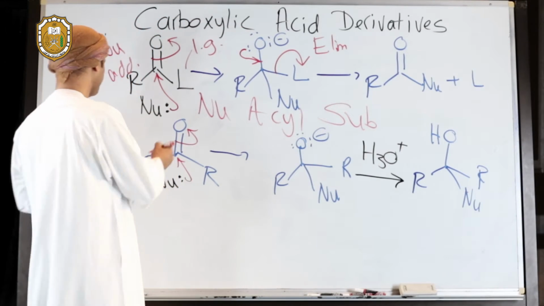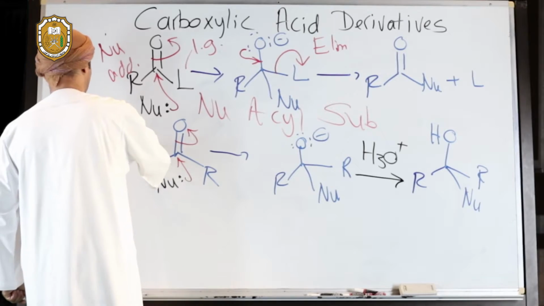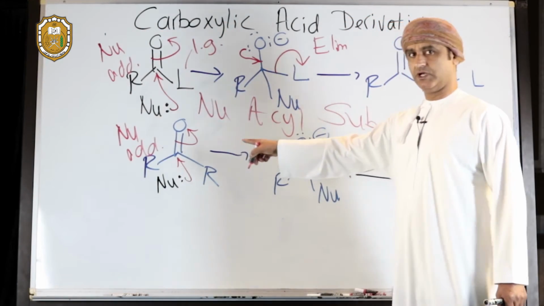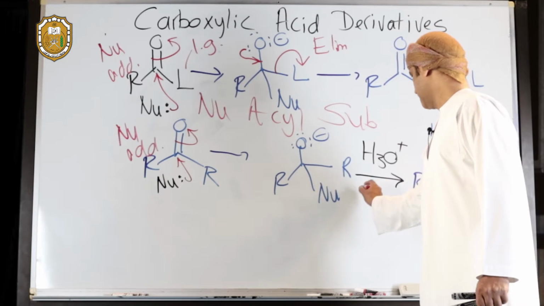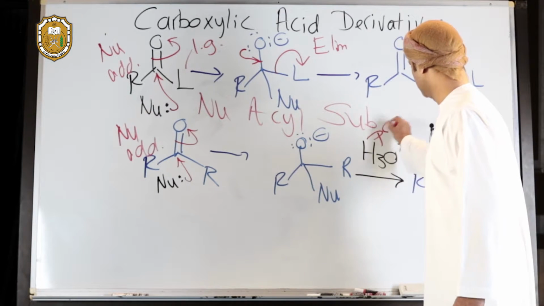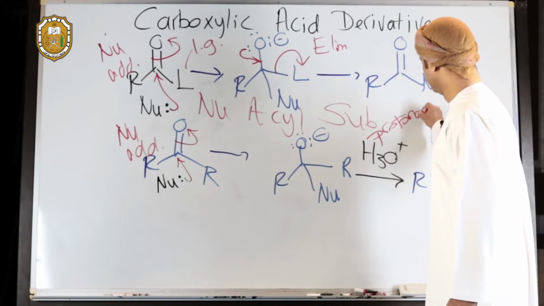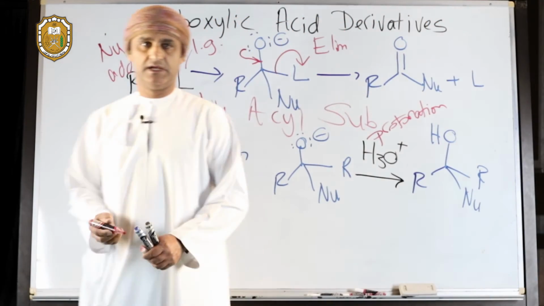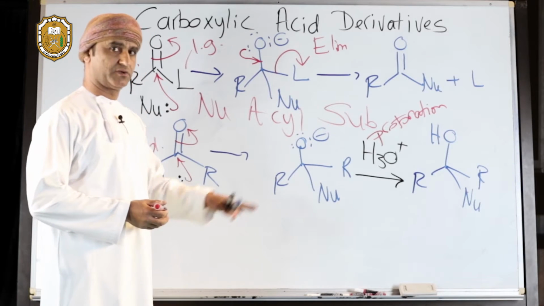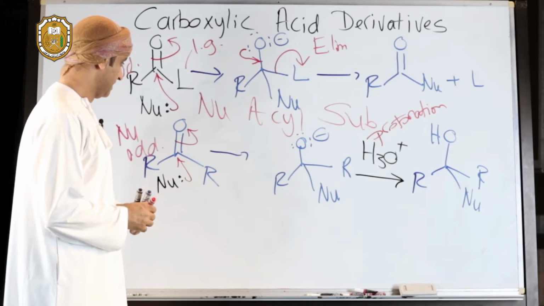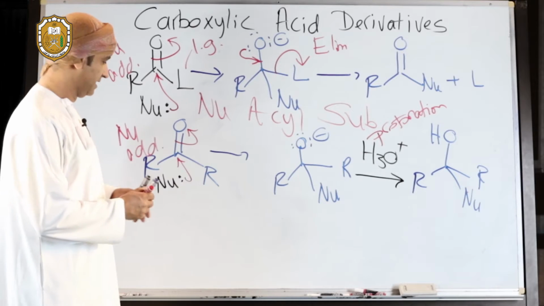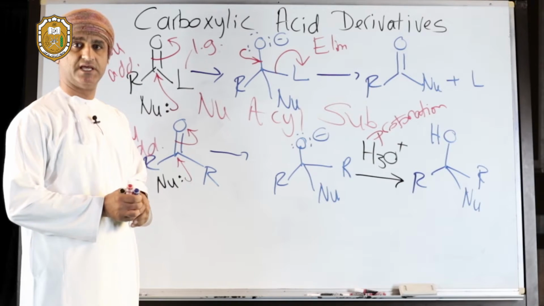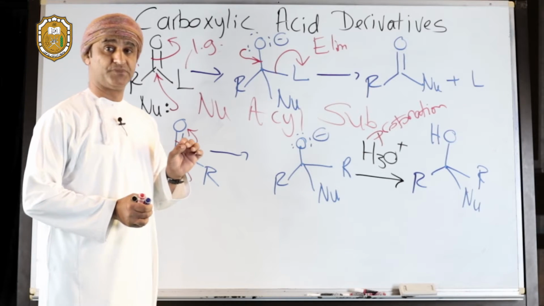So this is nucleophilic addition. Aldehydes and ketones undergo nucleophilic addition followed by protonation. So here the alkoxide intermediate undergoes protonation to form that final nucleophilic addition product, which also contains an alcohol. Aldehydes behave similarly. It's only that instead of R we have H, but again H minus is a terrible leaving group.